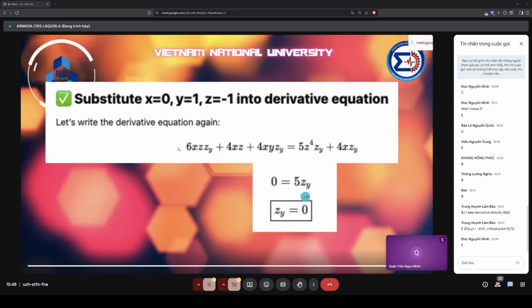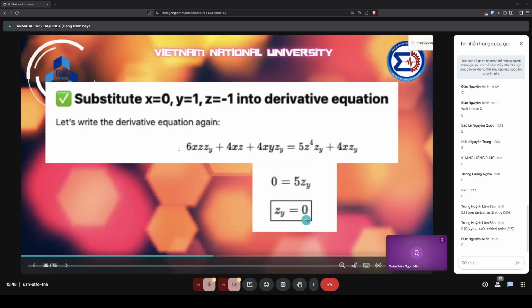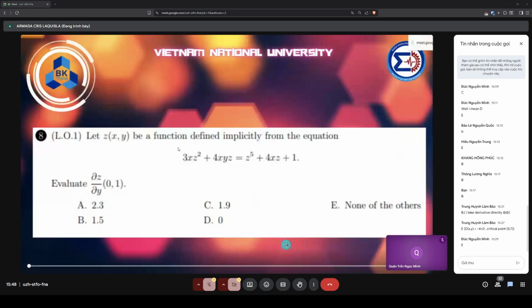Again, we are going to solve the zy value, right? So divide both sides by 5, your zy is equal to 0. So this is actually your partial of z over partial of y, and we have 0 as the answer. So the answer here is letter D.